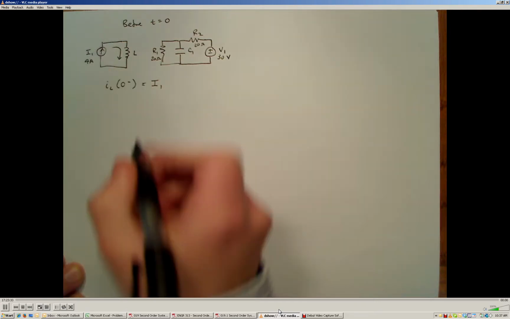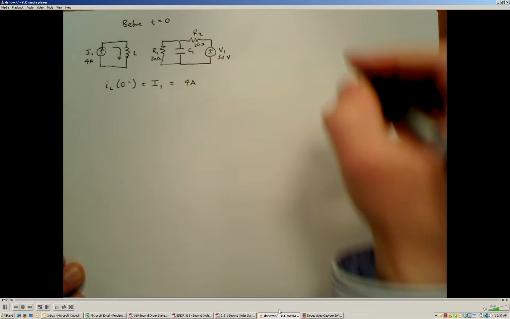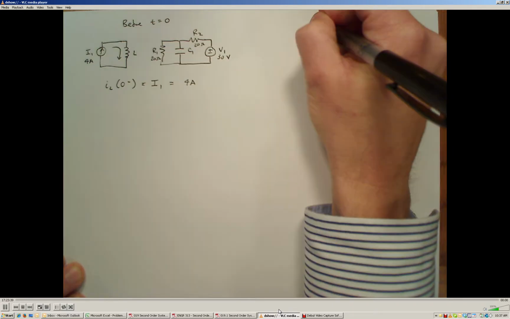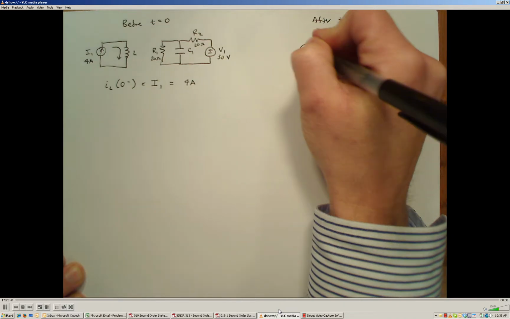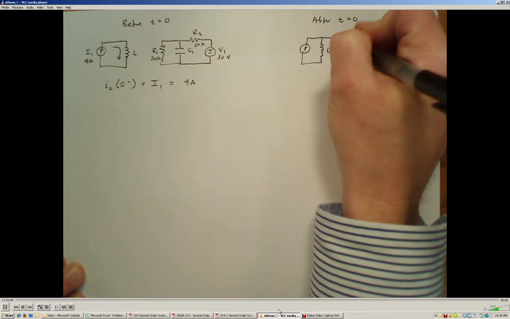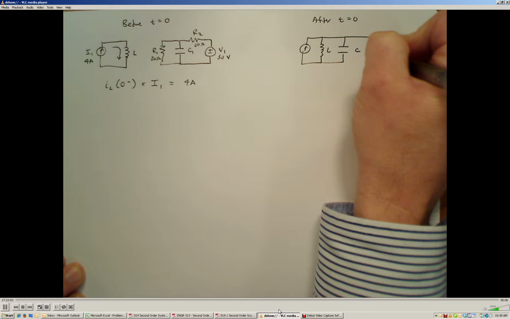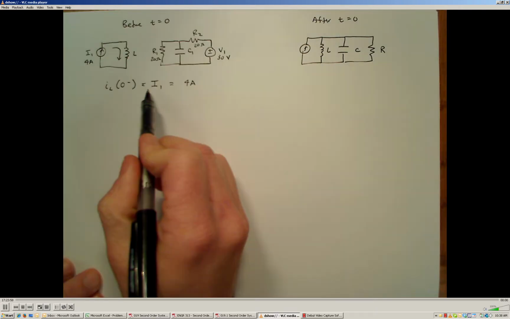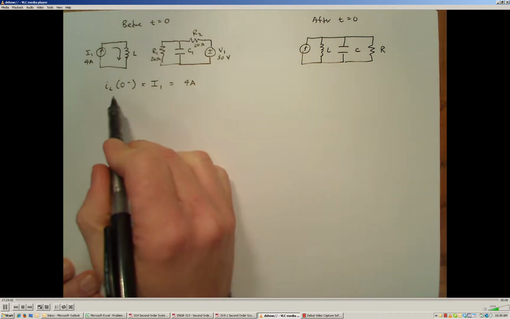After time equals 0, we have this parallel RLC circuit: our inductor, our capacitor, and our resistor. Based on the properties of inductors, the current through an inductor cannot change instantaneously.